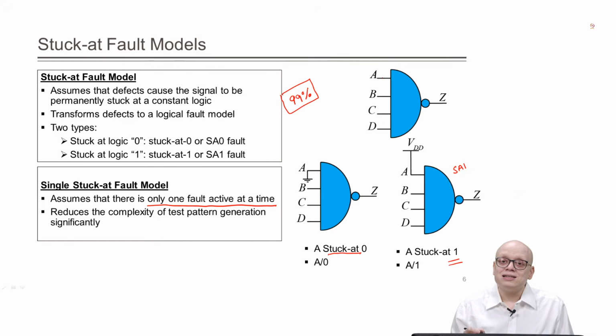Therefore, the quality of testing does not suffer by making this assumption. And therefore, the single stuck-at fault model is widely used in the industry because it reduces the complexity of test pattern generation without sacrificing the quality of testing.